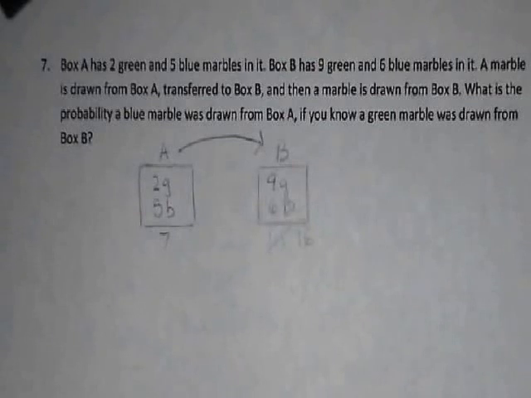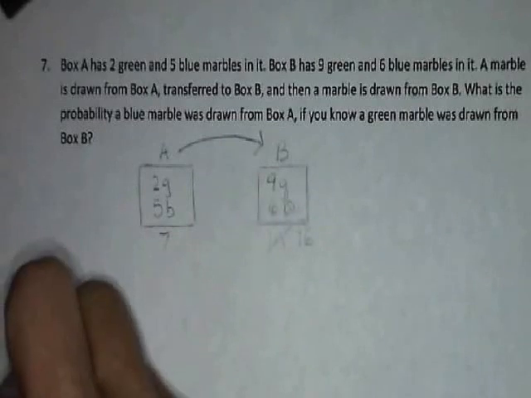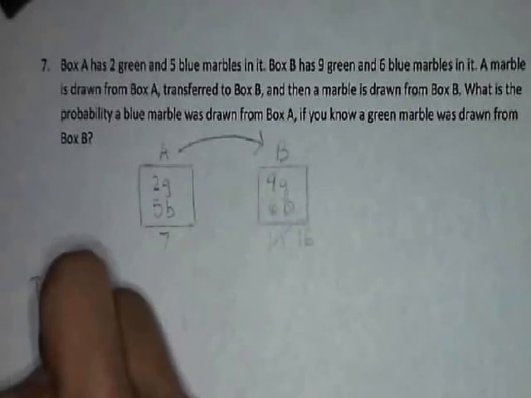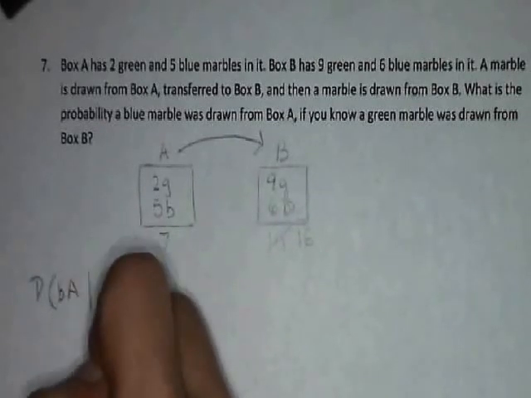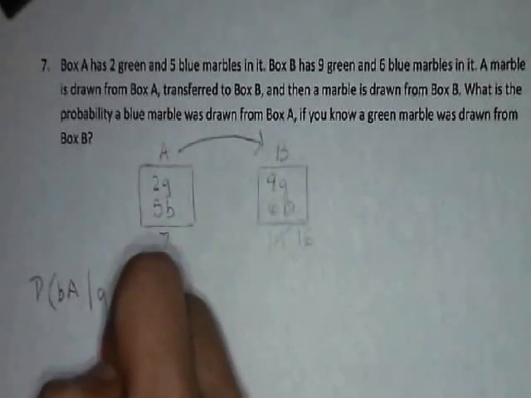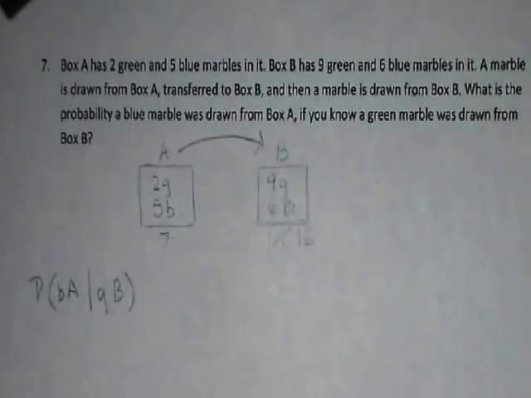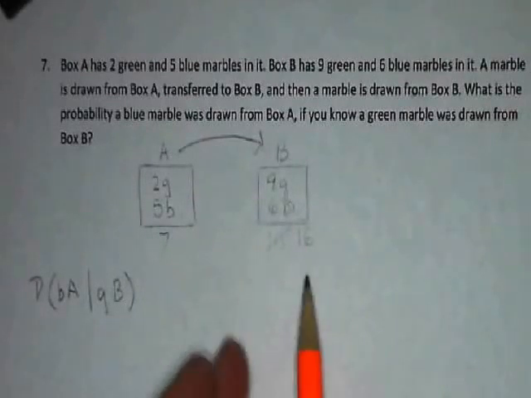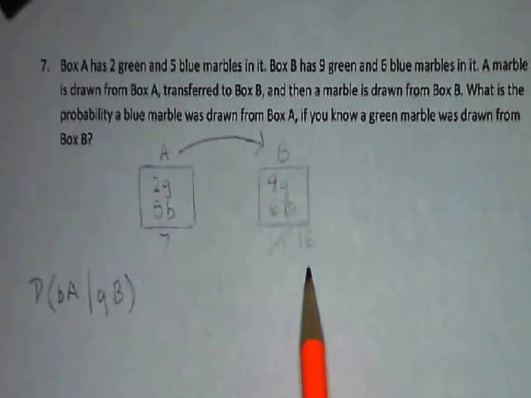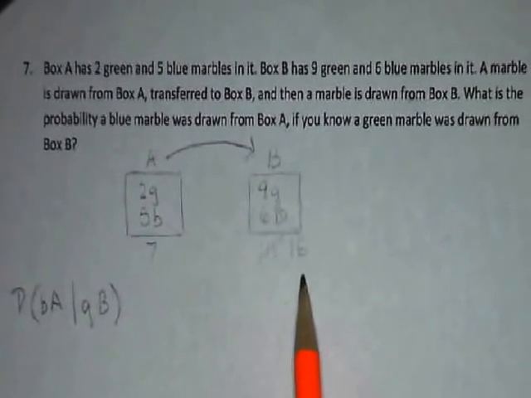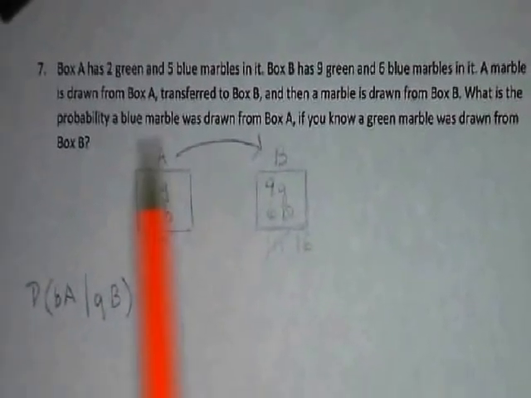The question here is asking us to find the probability that a blue marble was drawn from box A if you know a green marble was drawn from box B. So we're trying to find the probability of blue out of A given green out of B. Now, since green out of B is going to be the second event, we really can't figure this directly.